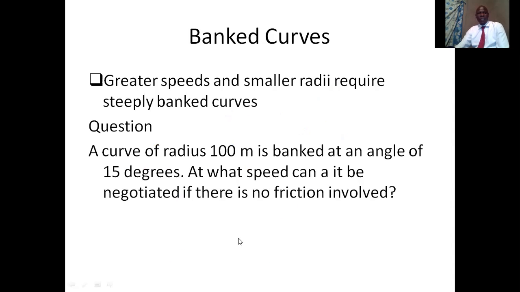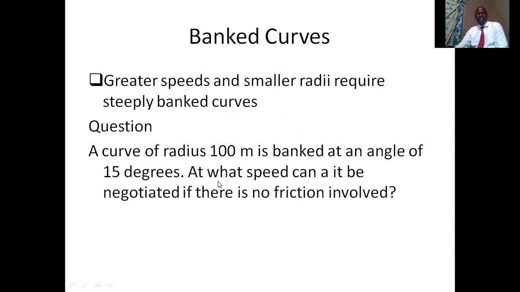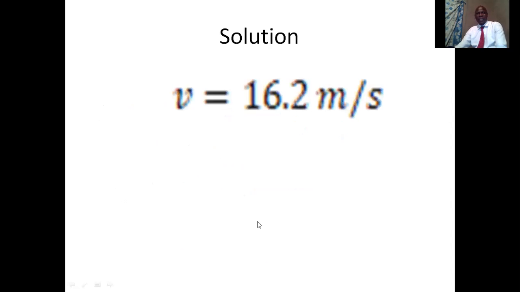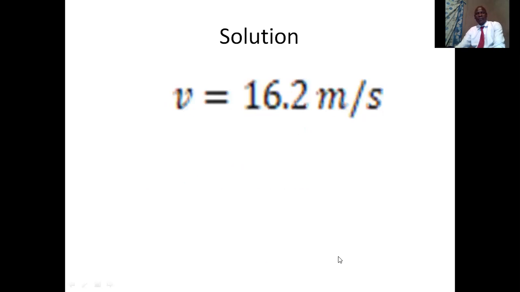We said it was 100 meters, and then multiplied by g, which is 9.8, multiplied by tan 15, which is the angle. And what we get here is 16.2 meters per second. So the speed is mainly dependent on the radius and the angle.